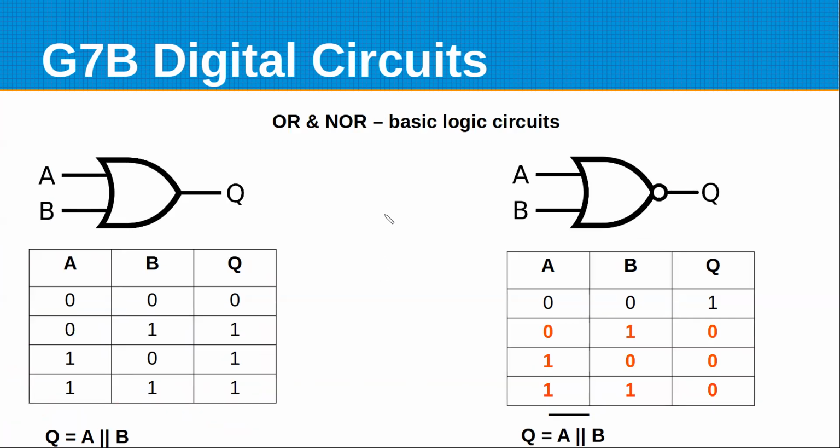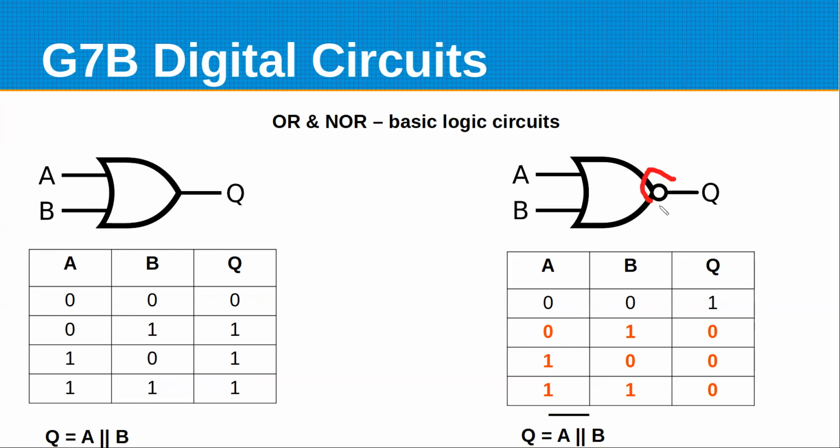Next, we have an OR gate, which is what it says. It's the output of A or B gives you Q. So in this case, if either A or B or both are true, its output is true. So the only time it's giving you false is when both of the inputs are false.